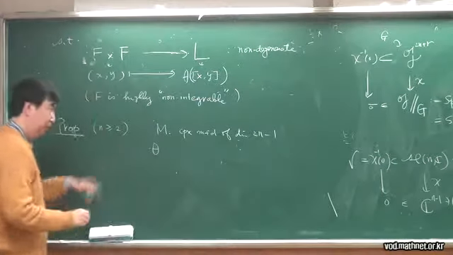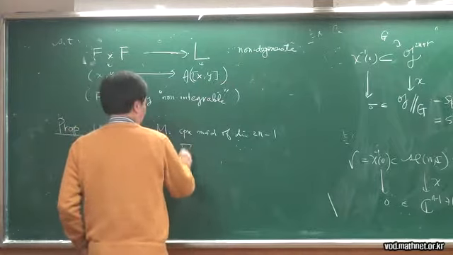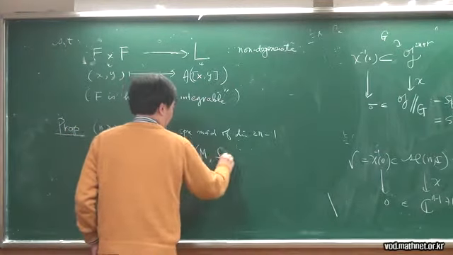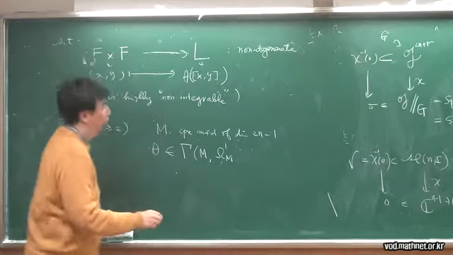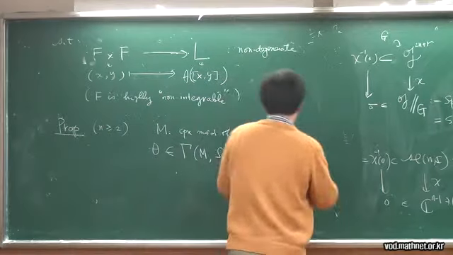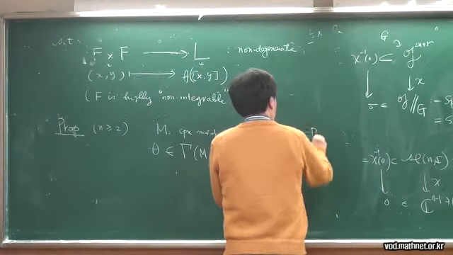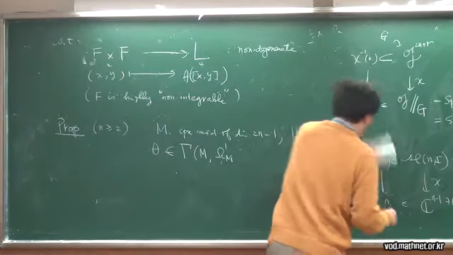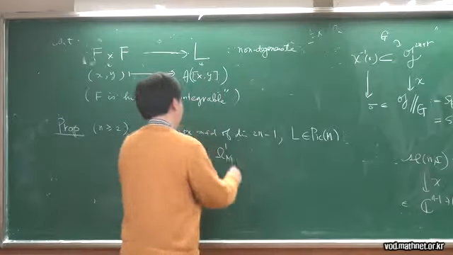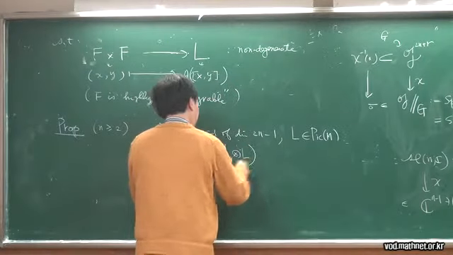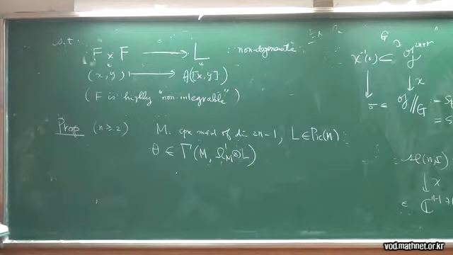Assume theta is a twisted one form, with L a holomorphic line bundle, not necessarily a contact form.